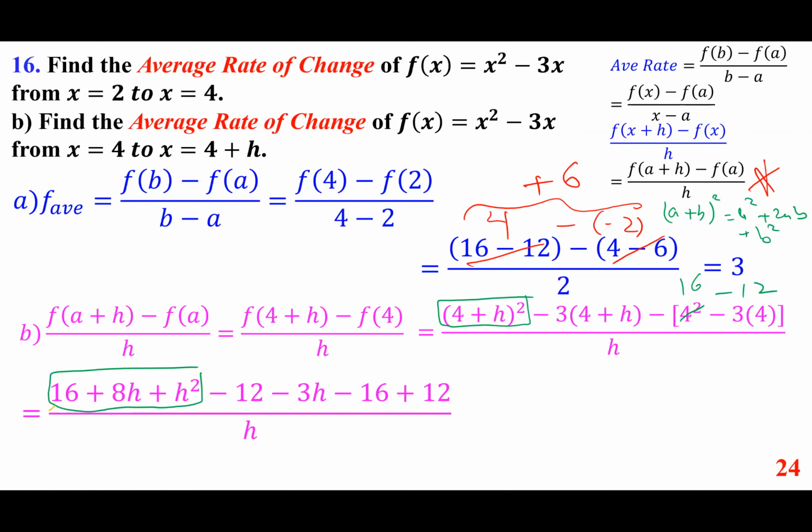So 16 minus 16, 12 minus 12. Now, what are we left with? h squared and now 8h, negative 3h, they add up to 5h, which means I can factor out the h from the top.